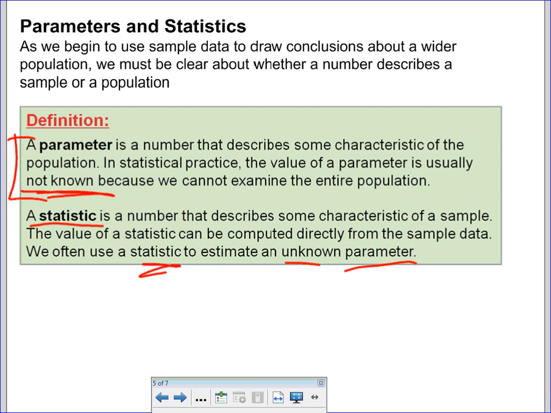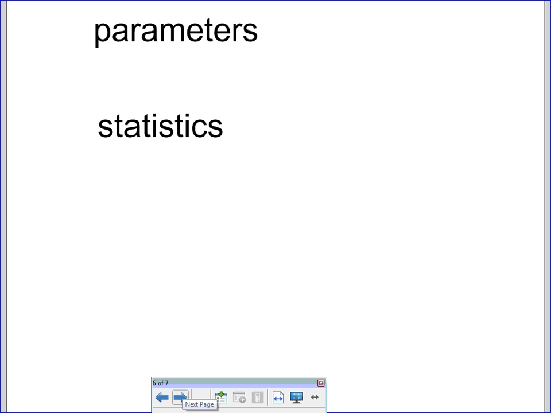Like if we want to know the average size of some fish in Lake Michigan, we're never actually going to be able to figure out that parameter because we'd have to drain the lake and measure every single fish. So what we do is we use statistics to estimate the parameter. And so examples of parameters are the mean of a population for some variable, the standard deviation of a population for some variable, the proportion that exists in some thing.